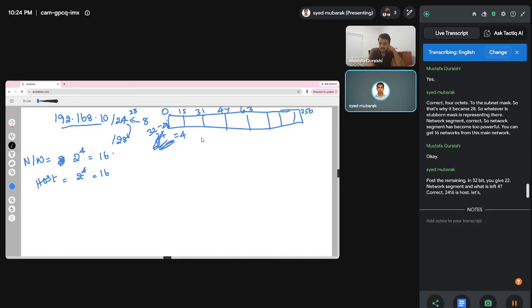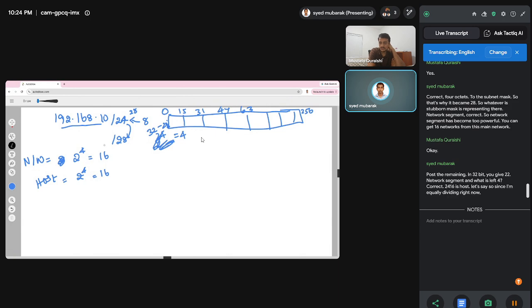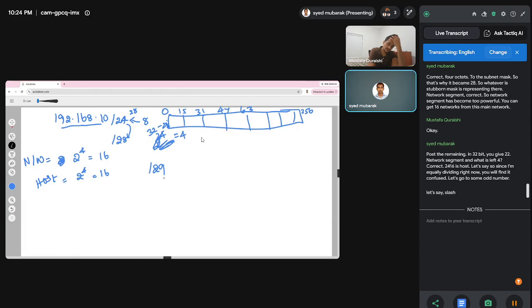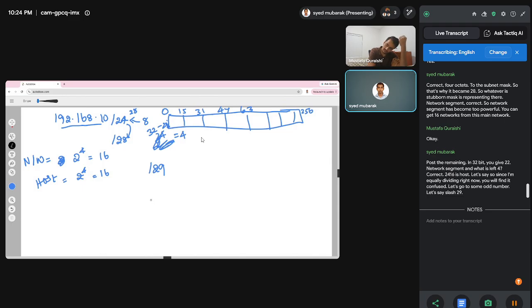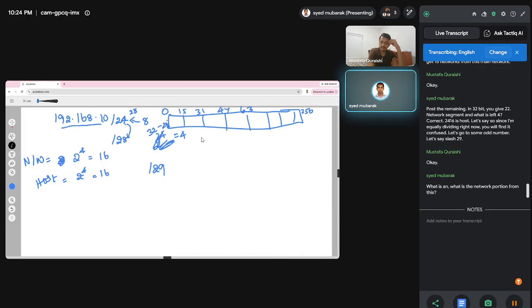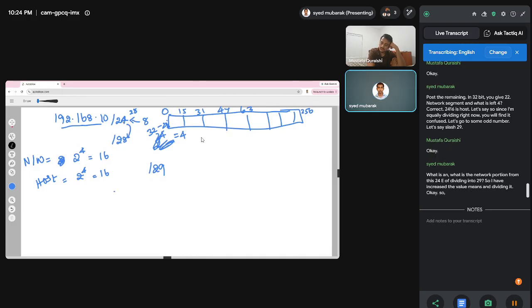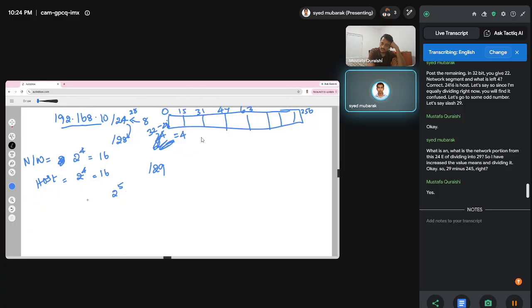Since I'm dividing equally, right now you may find it confusing. Let's go to an odd number, let's say slash 29. What is the network portion from this 24? You are dividing into 29, so I have increased the value, meaning I'm dividing it. 29 minus 24 is 5, so 2 power 5 goes to the network segment.